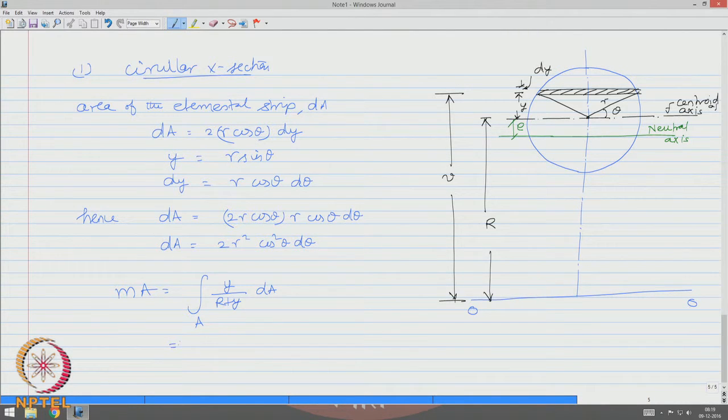I can write this as y being v minus R, and R plus y is v, dA, which is now integral dA minus R integral dA by v.